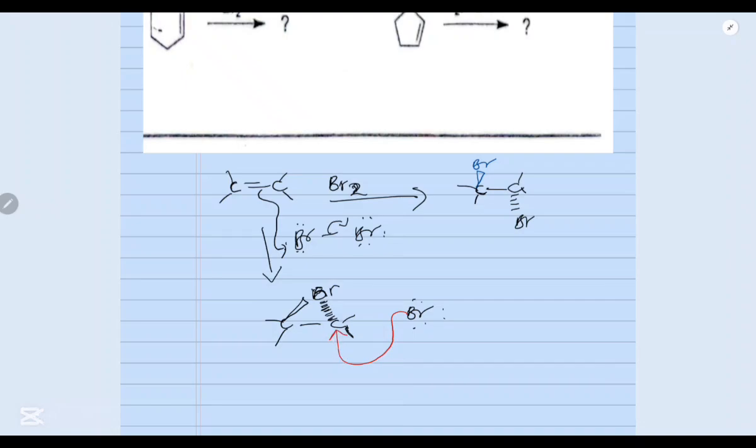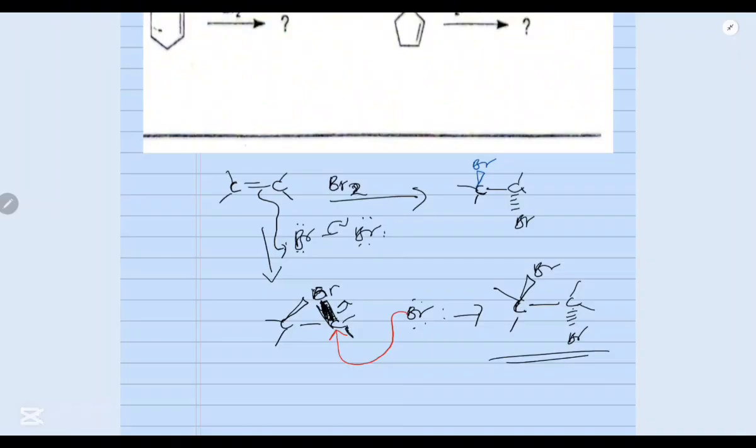Let us present this one. So it will attack from behind, expelling this bond, meaning our product will be this.